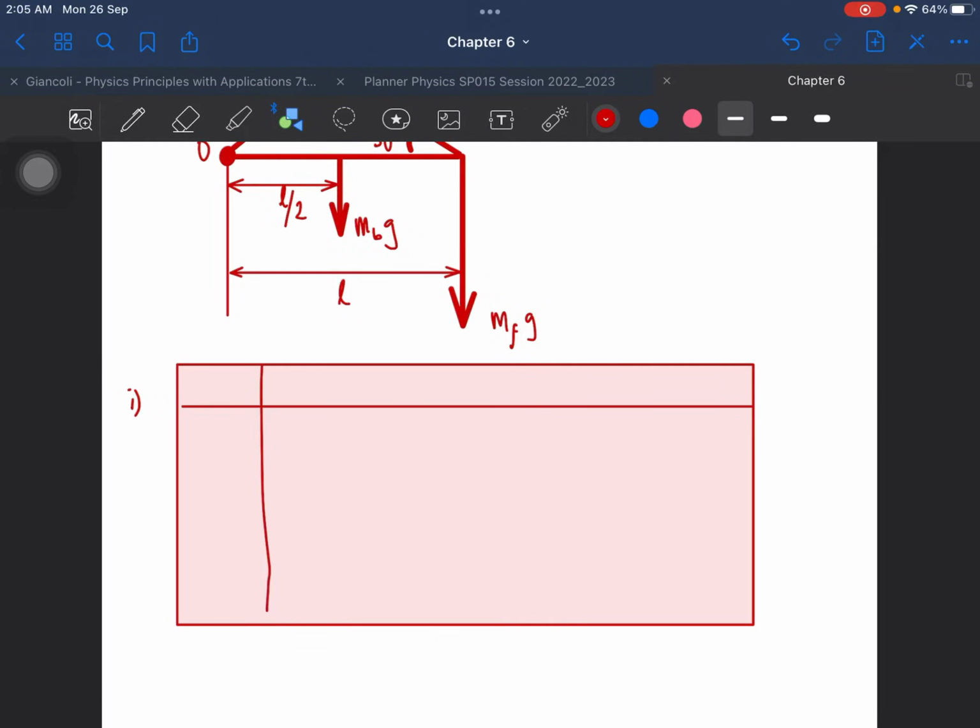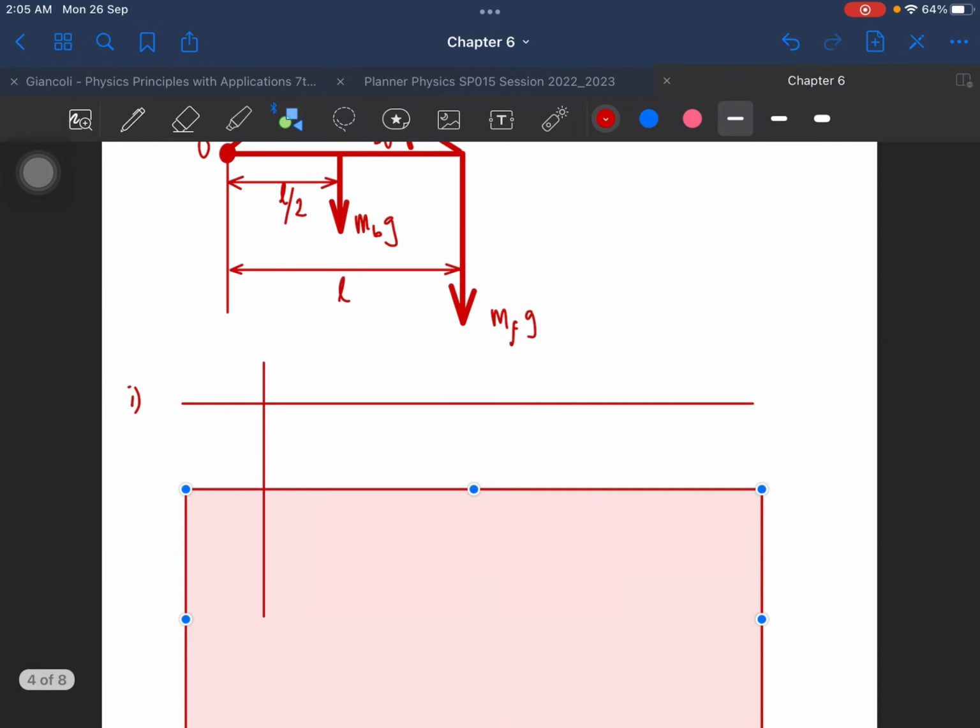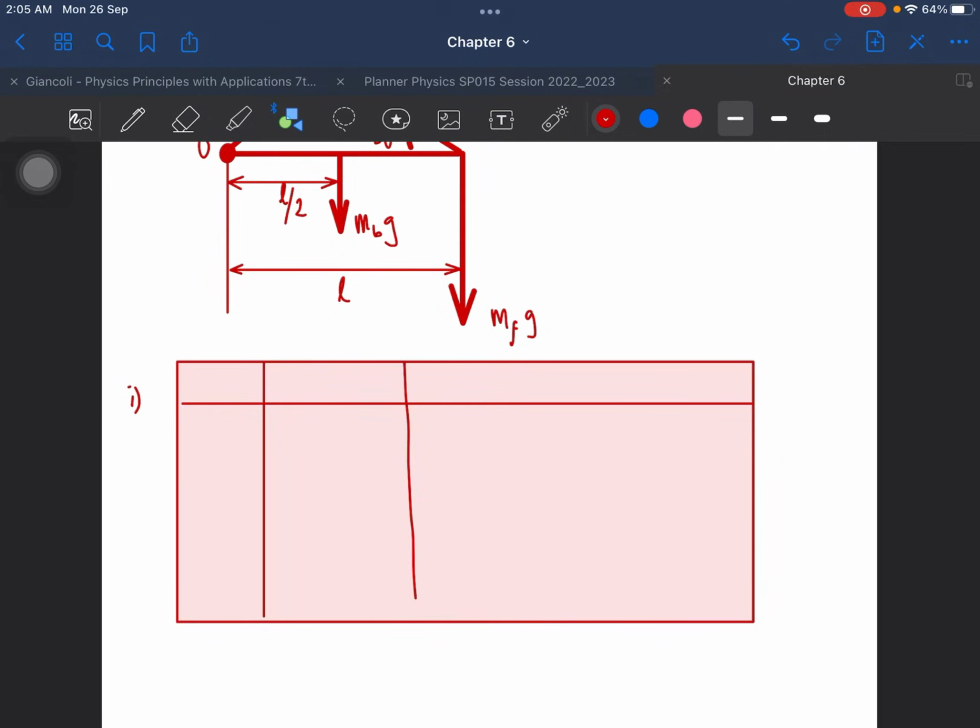So this is force, this is X component, this is Y component, this is torque. Okay, so these are your forces. This is your X component, Y component, and this is your torque, where torque is equal to F r sine theta.